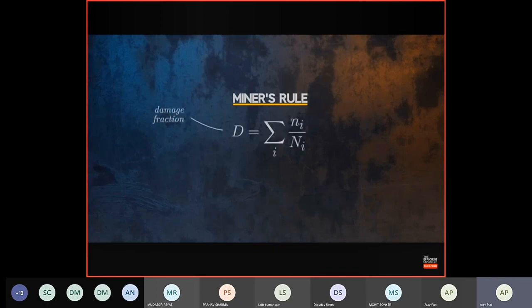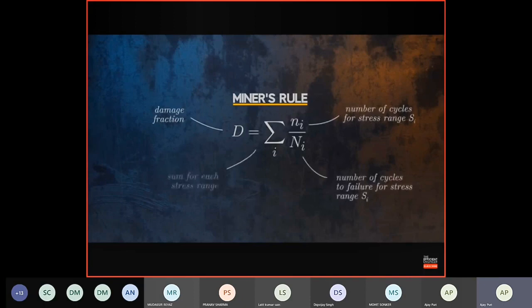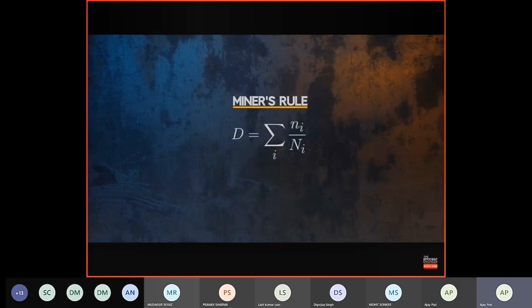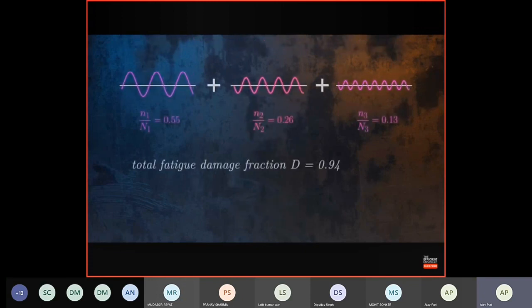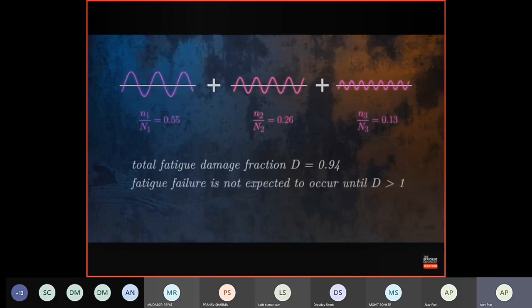The individual contributions are calculated by dividing the number of cycles by the number of cycles to failure for that stress range. The damage contributions from all stress ranges are then summed. If the total sum damage fraction is greater than 1, fatigue failure is considered to have occurred. In this example, the damage fraction D sums to 0.94. This is less than 1, and so fatigue failure has not occurred.